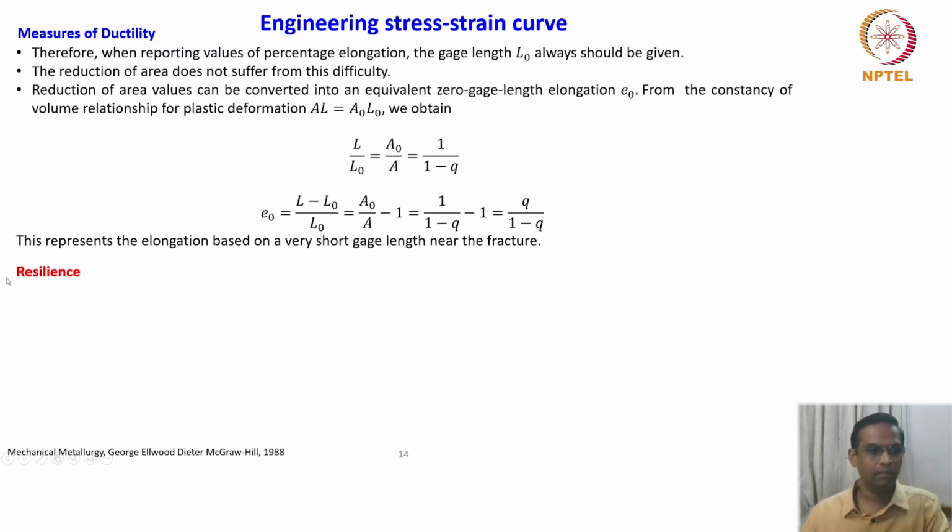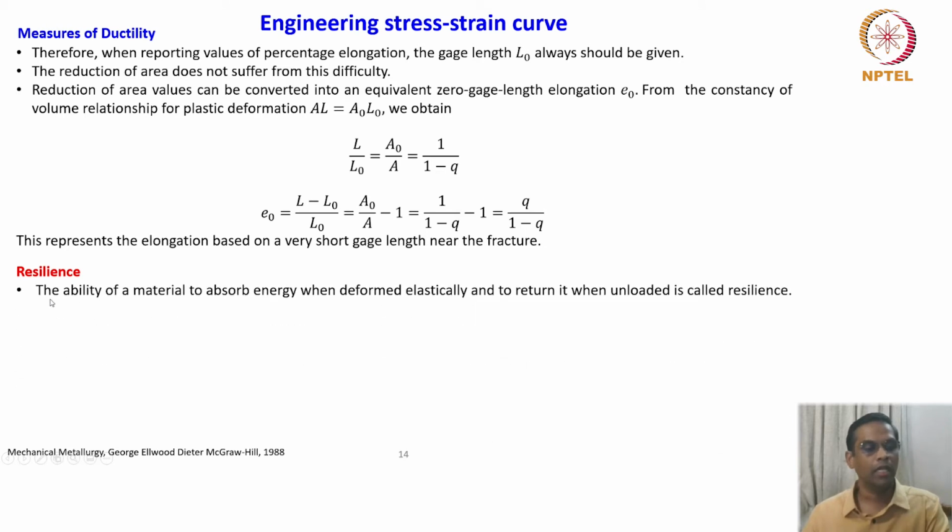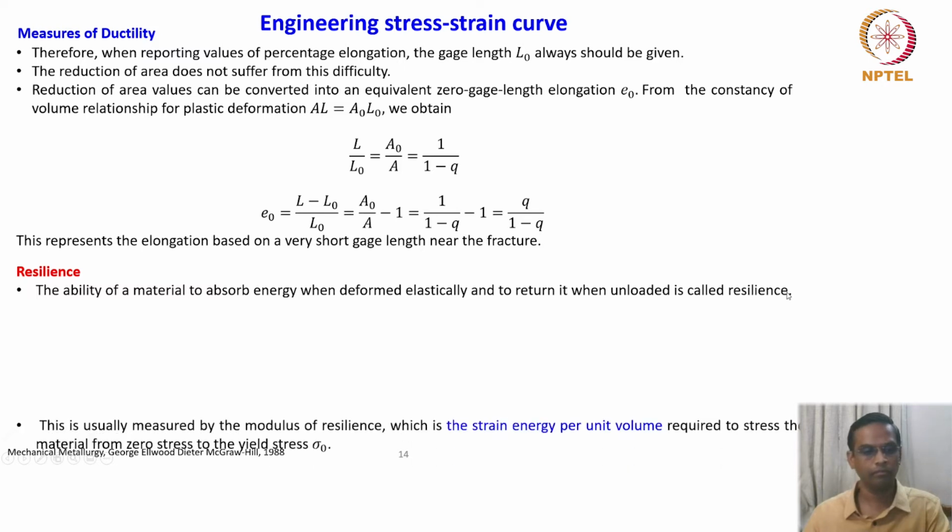The other fundamental property which can be assessed by a simple tensile test is resilience. What is resilience? The ability of a material to absorb energy when deformed elastically and to return it when unloaded is called resilience.